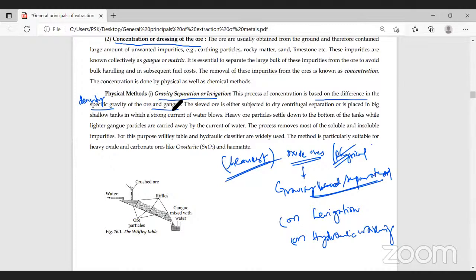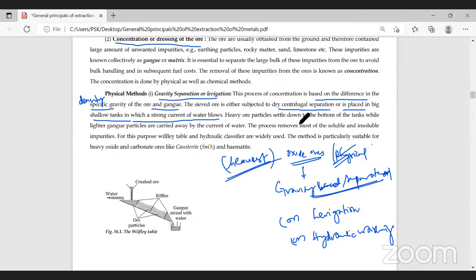Generally, mud and clay particles have lesser density compared to the ores. Now, the sieved ore is either subjected to dry centrifugal separation or is placed in a big shallow tank in which a current of water is blown.